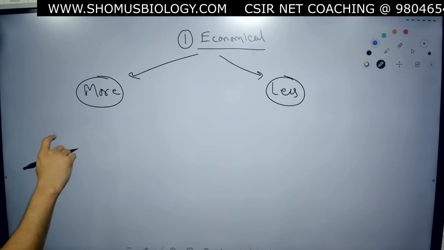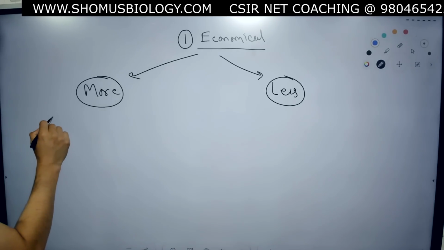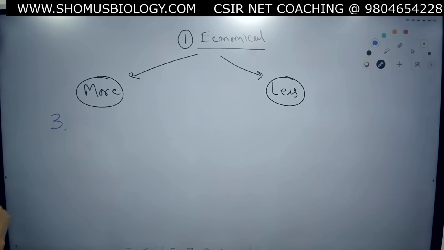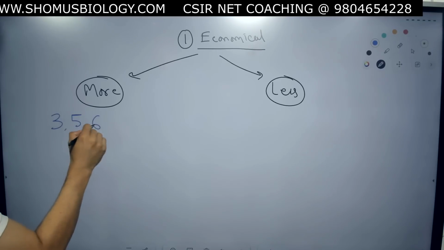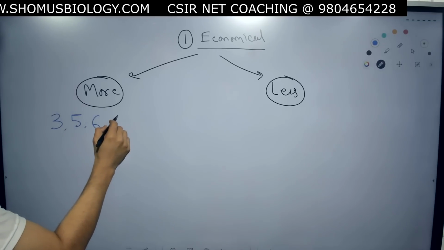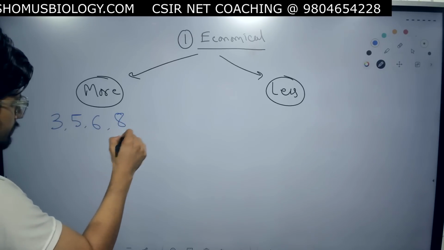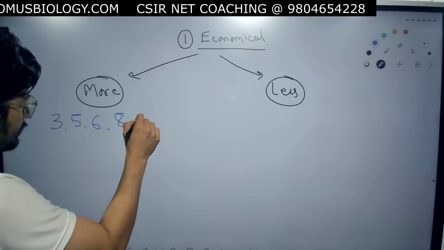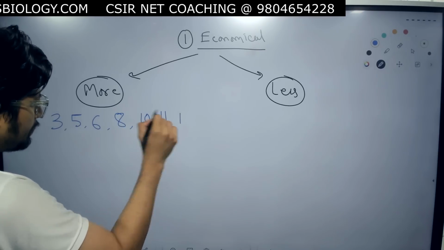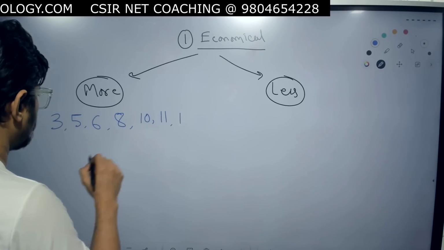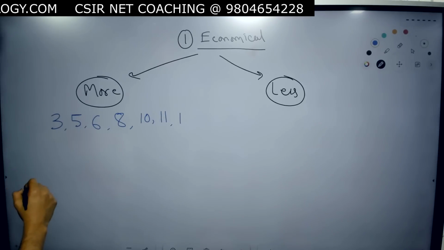Such units are, in this case, Unit 3, Unit 5, Unit 6, Unit 8, Unit 10, Unit 11. So these are more economical units.